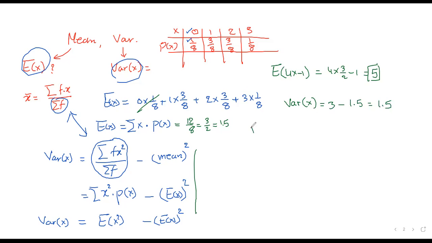That's the variance. And when we say the variance of 4x minus 1, we need to calculate the new variance. It's not affected by the minus 1, it's affected by 4 squared. So that's 3 over 4 times 16.